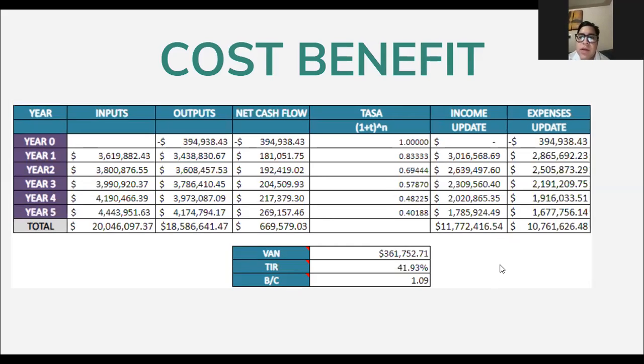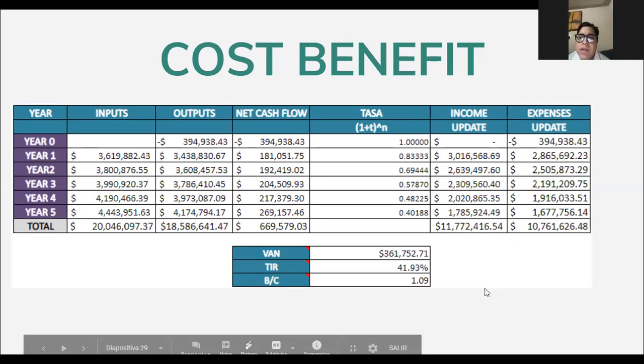This amount is obtained by dividing the total income by the total expenses of the company. The result must never be less than 1. If its result is less than 1, the company or business is not profitable. The company has a 1.09 cost-benefit, a result that shows that the company is profitable.